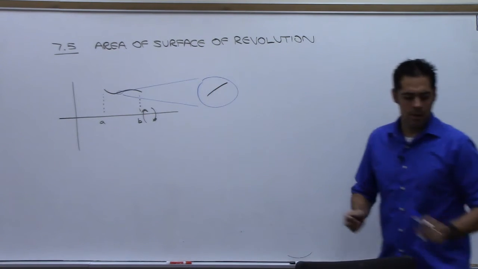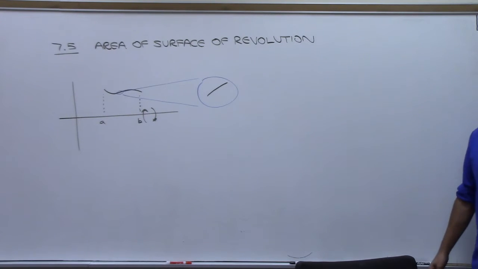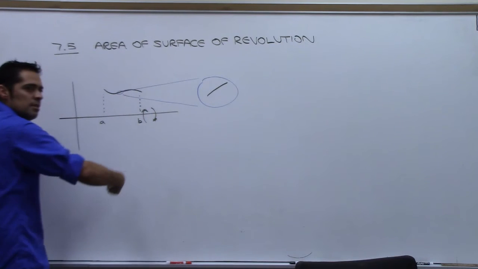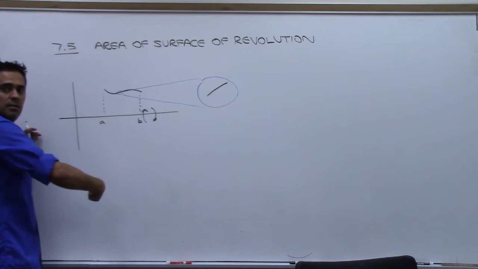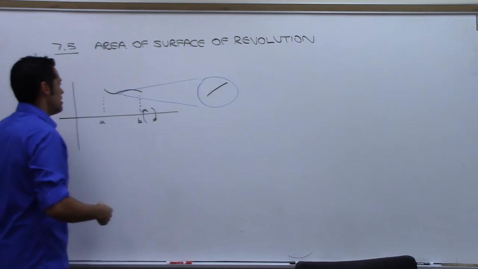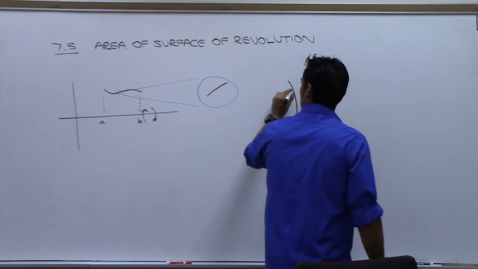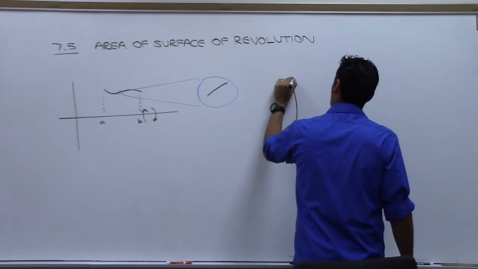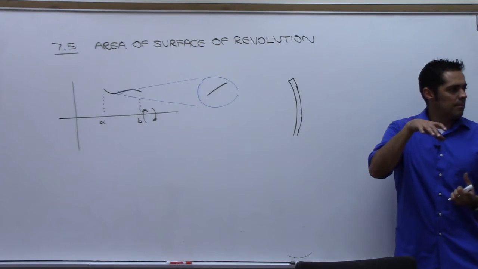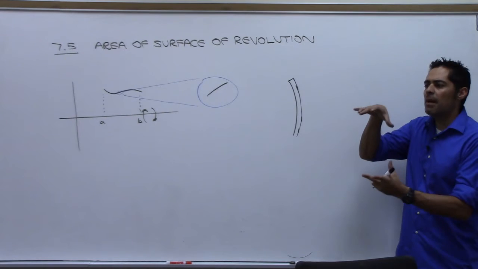right? We can find its length, no problem. We're okay with that, right? But instead, we're wrapping this little sliver around the x-axis. So let's do that. If I wrap that around, what am I going to get? Won't it look like a disc, like a coin? But here's the difference. We don't care about the volume of this.